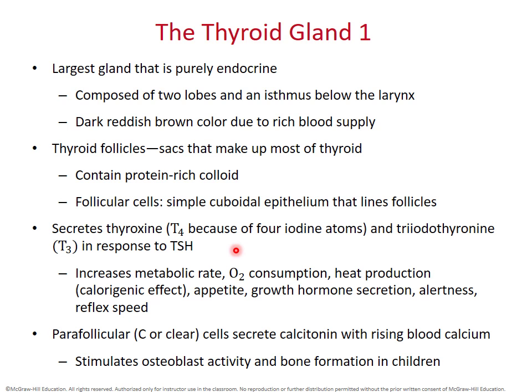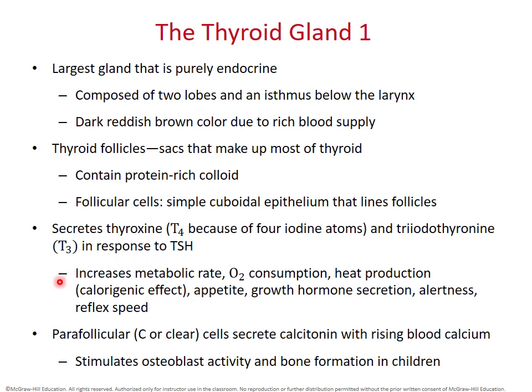What does thyroid hormone do? Thyroid hormone is generally a hormone that stimulates metabolism. It generally increases your metabolic rate. And so notice here it says increases metabolic rate, increases your rate of oxygen consumption. So therefore, of course, increases your heat production, affects your appetite, affects the release of growth hormone.